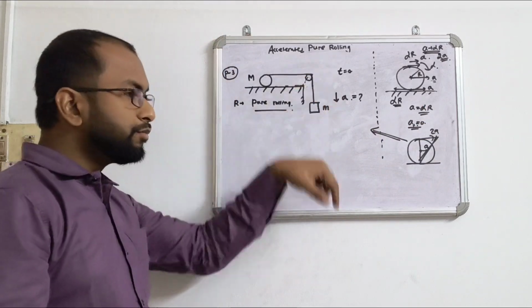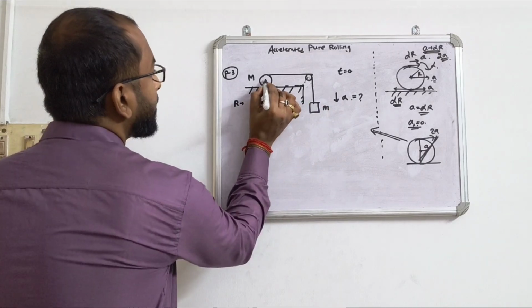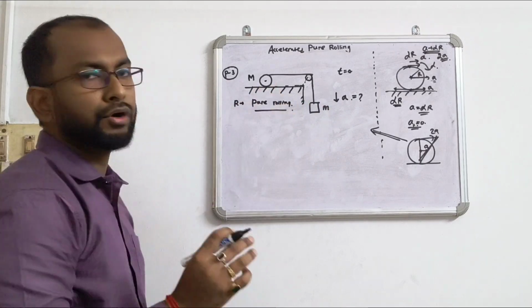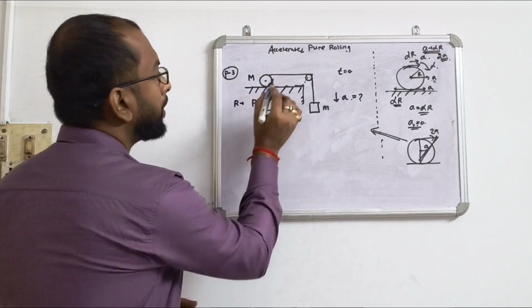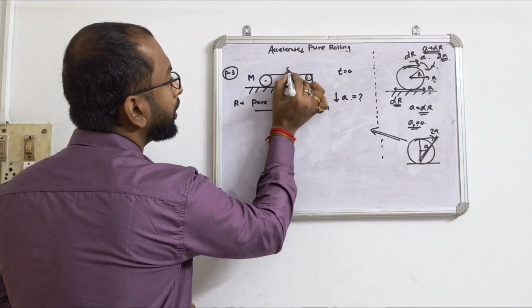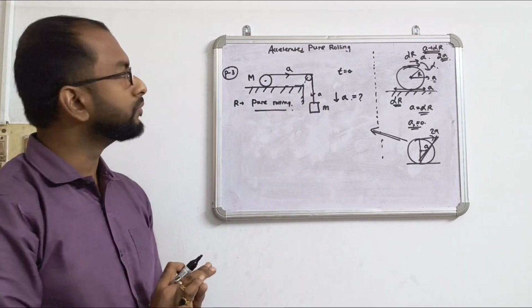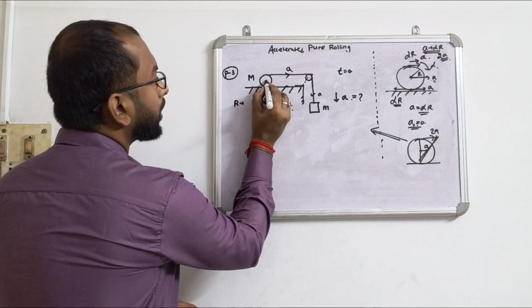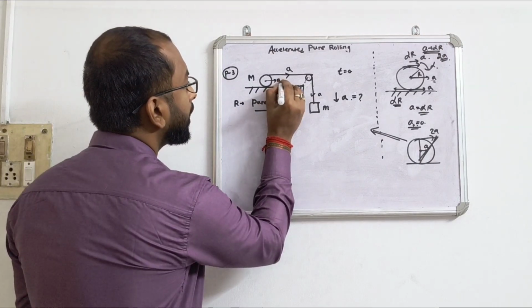If this mass is moving down with acceleration of A, what is going to be the acceleration for this cylinder in the forward direction? Because it is wrapped around this cylinder, the acceleration of this string is A, because it is also moving down with A. So for the center, what is going to be the acceleration? Half of it. So it is A by 2.